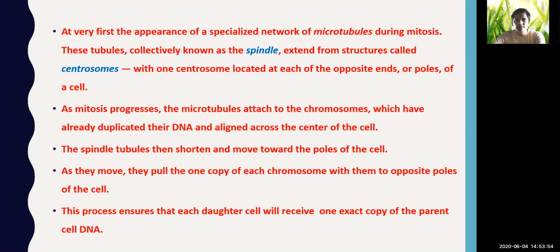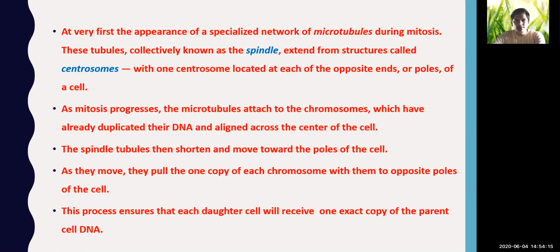So, friends, you will learn about this sentence, that the cell we are discussing over here is the animal cell. As mitosis progresses, the microtubules attach to the chromosomes which have already duplicated their DNA and aligned across the center of the cell.